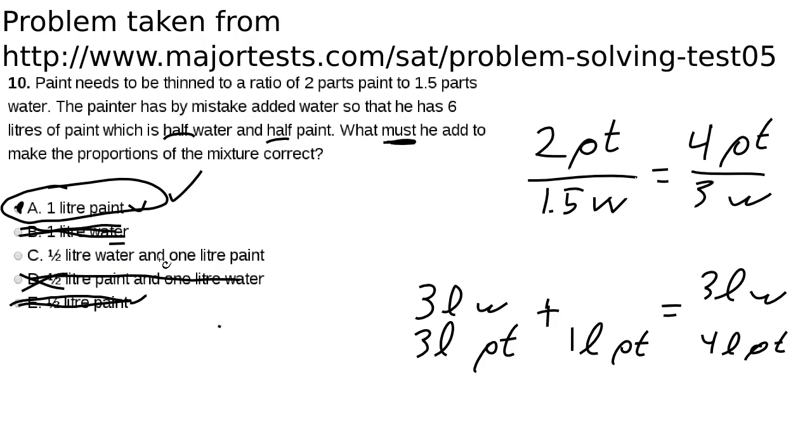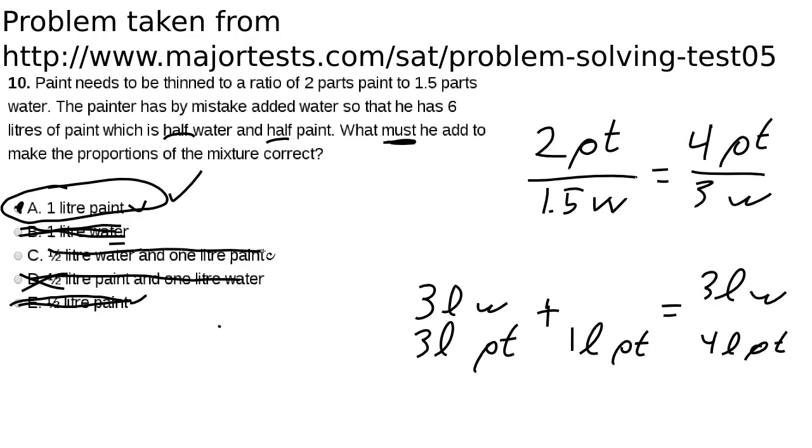Now, we already decided this wasn't going to work and this wasn't going to work. This one isn't going to work either, because if he adds 1 liter of paint, he's got 4 liters of paint, which means by the correct ratio he needs 3 liters of water, which he already has, so he can't add any more water.